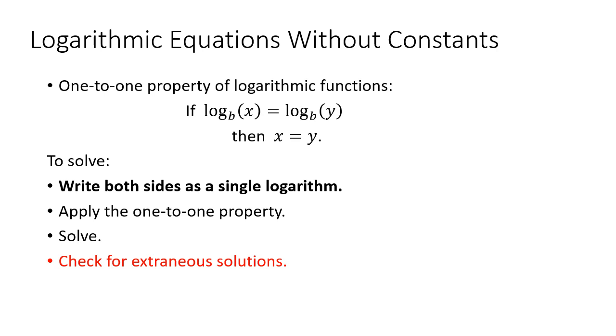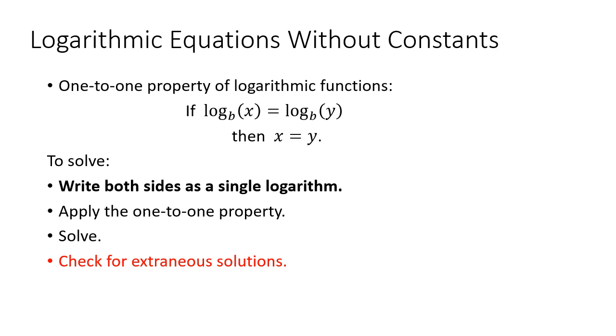The idea being, if log base b of x is equal to log base b of y, since log base b is doing the same thing to both sides, the only way these two things are equal to each other is if the stuff inside of the logarithms is equal. So you can set the inside of each logarithm equal to each other, and then it's the same.